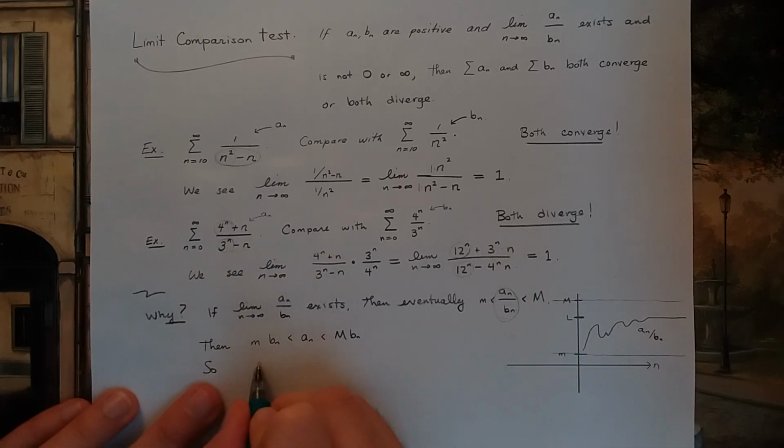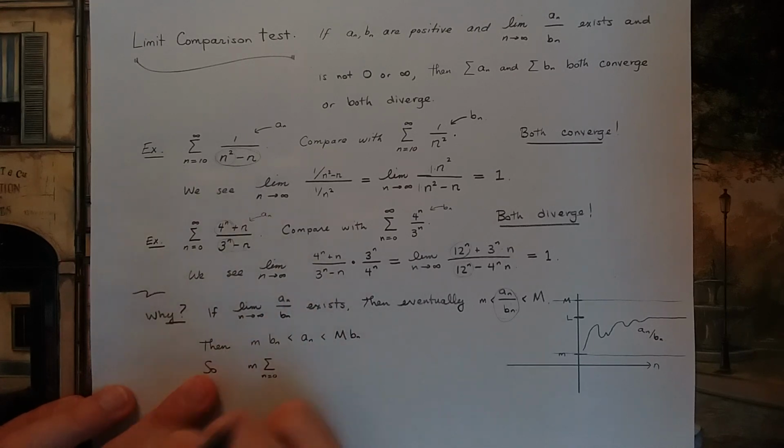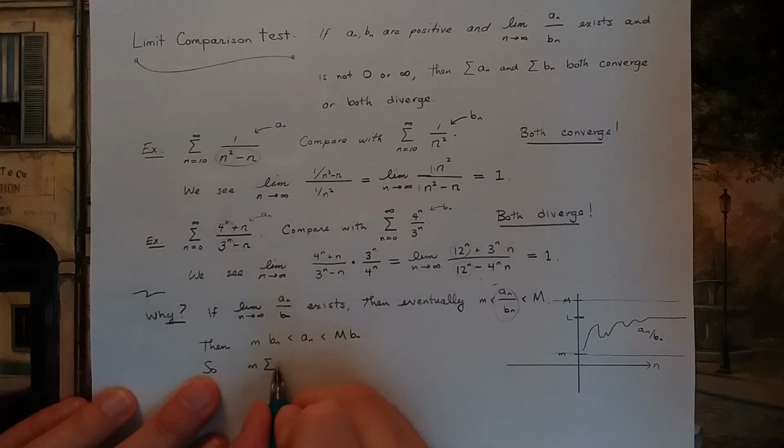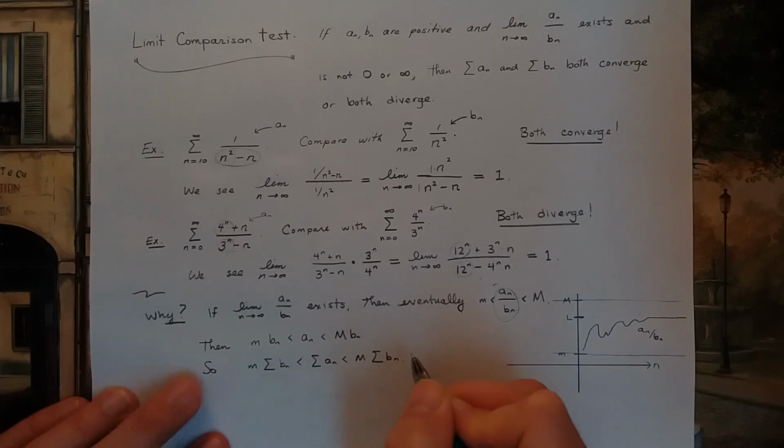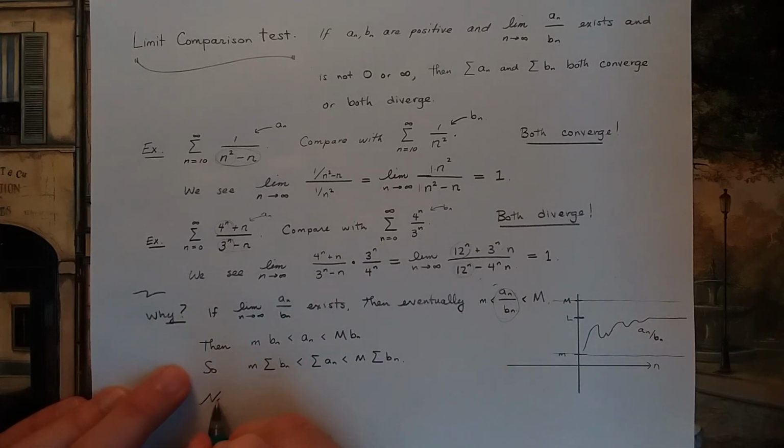So what happens is, if I add up all the terms, eventually, for large enough values of n, m times the sum of b_n is going to be less than the sum a_n, which is less than M times the sum of b_n. Now we just use the direct comparison test.